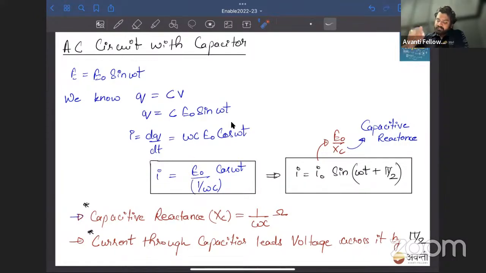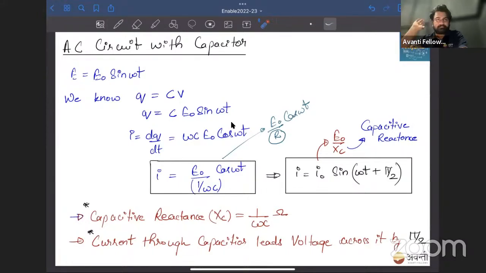If I compare this equation with E naught upon R cos omega t, can I say that this is a type of resistance only? This 1 upon omega C is a type of resistance, but it cannot be called resistance because resistance is not variable. In this case, it is variable, right? ये change होता रहेगा. So first of all, it is not resistance, so we will not call it resistance.